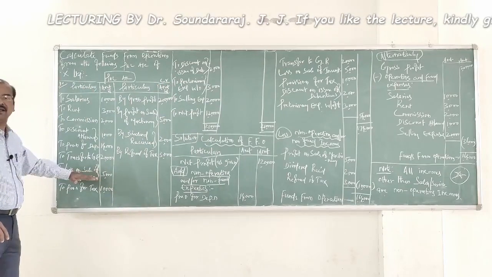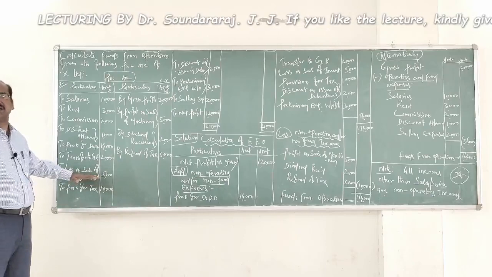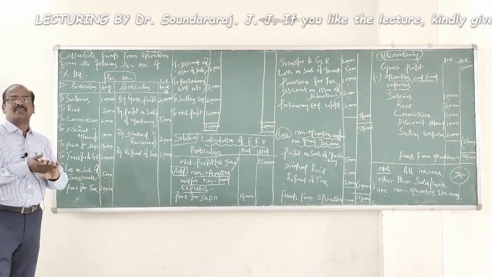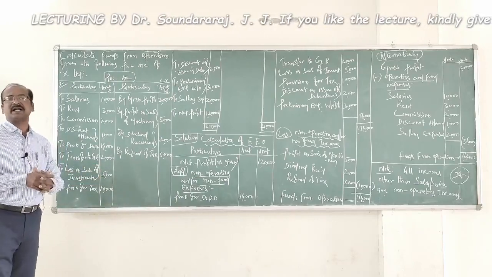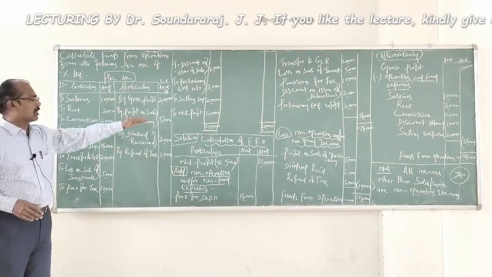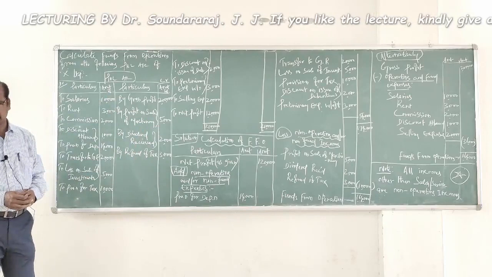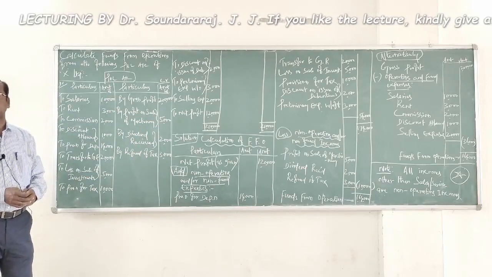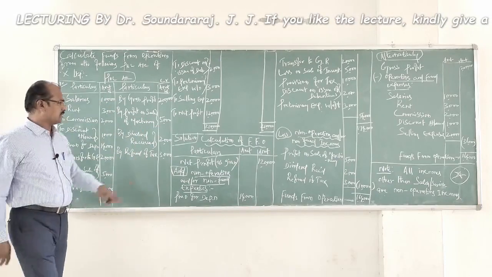Definitely it lies somewhere in the middle of the P&L account. That is why I said funds from operations lie in between gross profit and net profit. You understand, right?